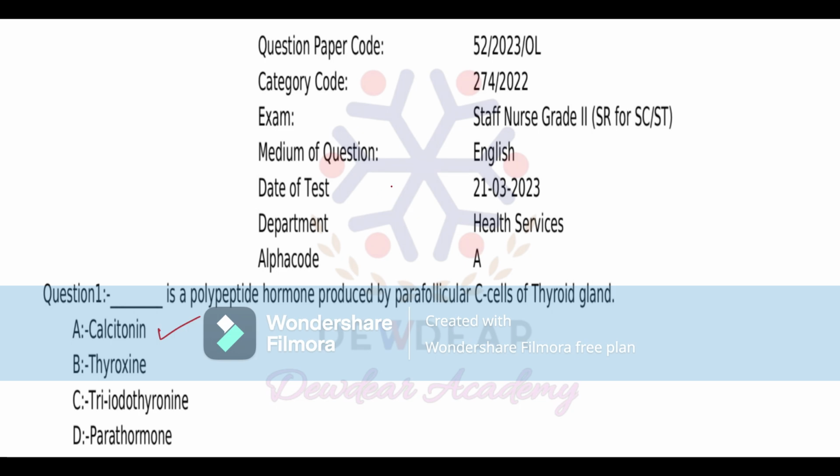The thyroid gland consists of two types of cells, that is follicular cells and parafollicular cells.